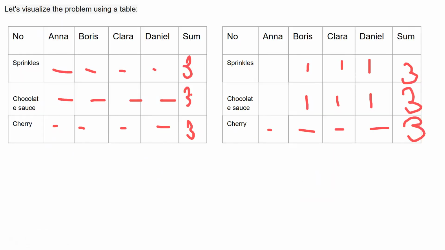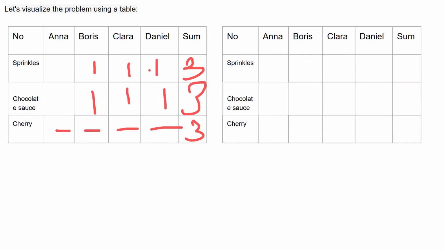Now, the chocolate sauce was skipped by Anna. So if it was Anna who skipped the chocolate sauce, who should be the one who skipped cherry? It has to be Anna herself. Anna skipped chocolate sauce, and it was Anna herself who skipped cherry.